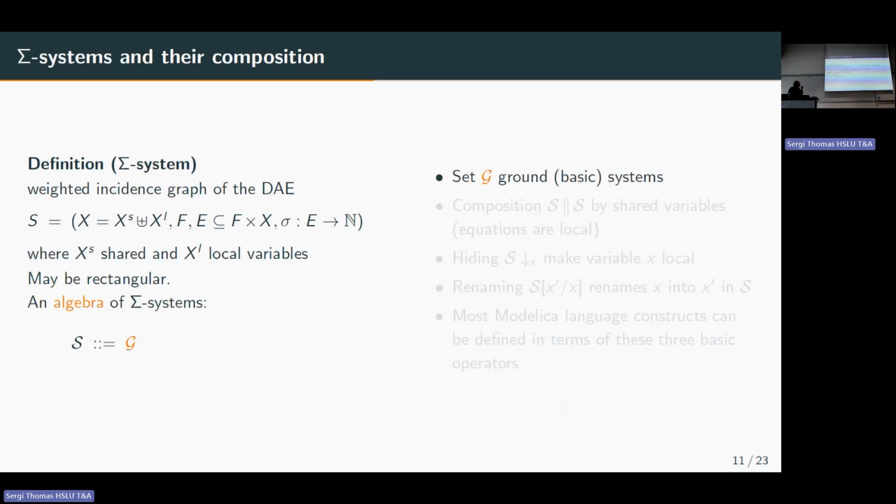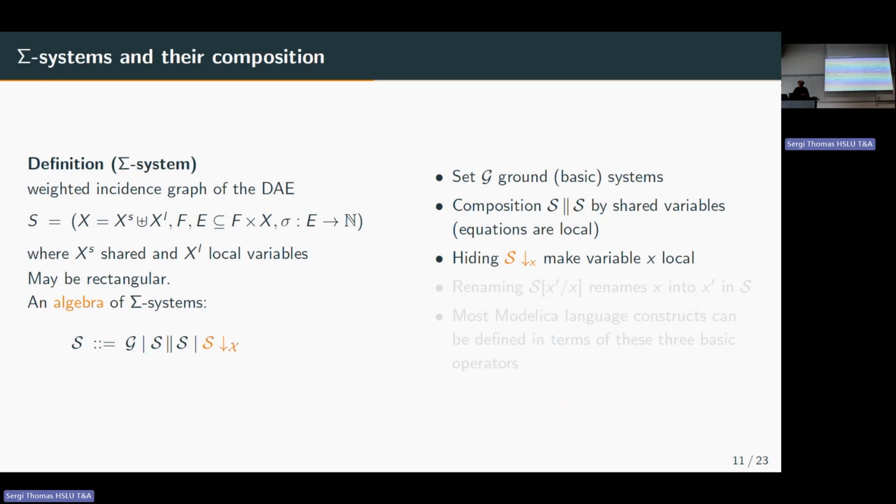Then we define an algebra of sigma systems that is generated by a finite set of ground systems. In our example, that's the pendulum, the table, and the connecting equation. So finitely many basic sigma systems. We have a composition operator that works only by sharing shared variables. It is not possible to share local variables and equations.